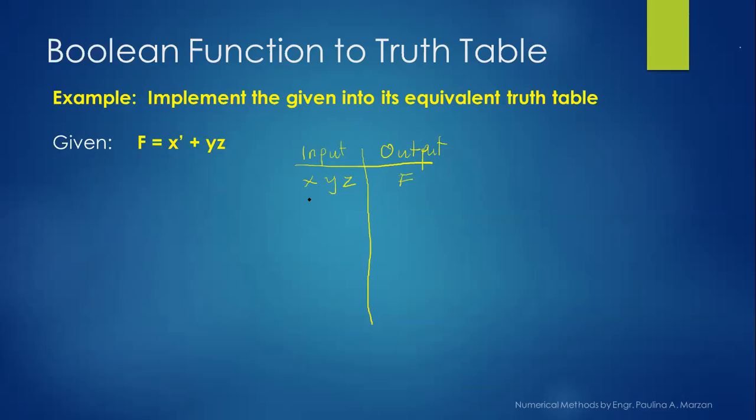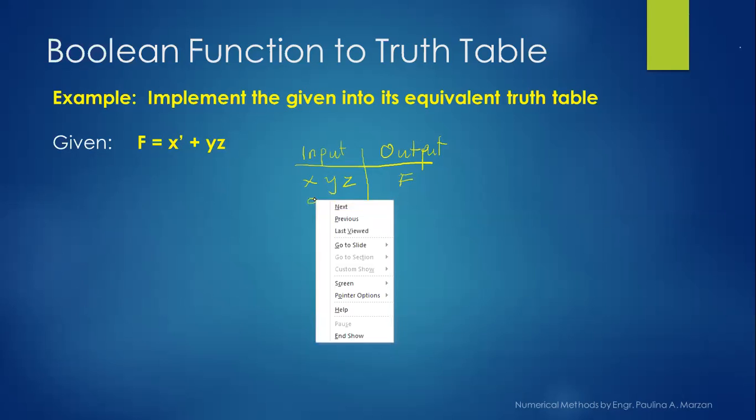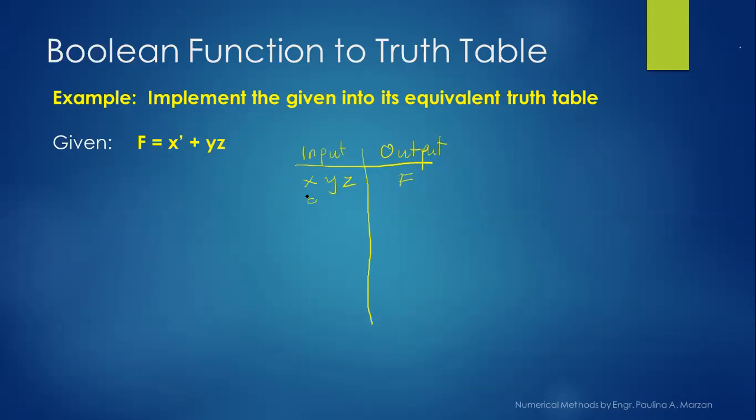After that, you need to take all of the possible combinations of the possible values of x, y, and z in the table. So x can be 0, y can be 0, and z can be 0.